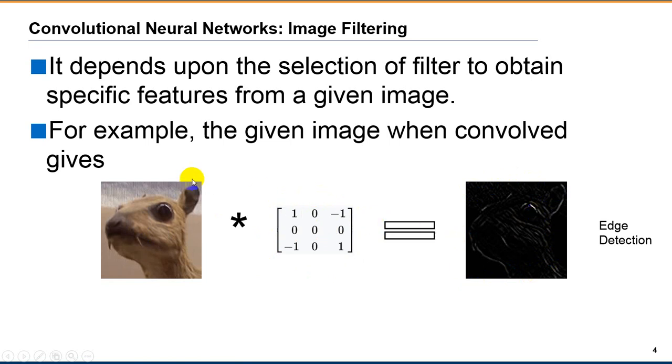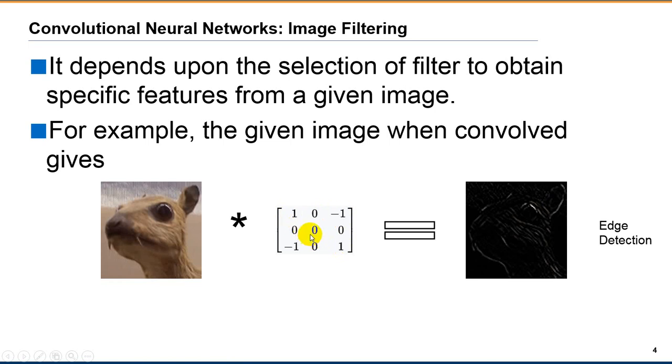So when we convolve this image with this filter, this filter will act as an edge detection filter, which will give us some sort of edges depending upon how these ones and minus ones are arranged.